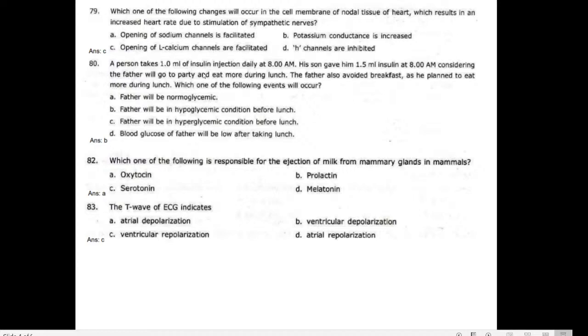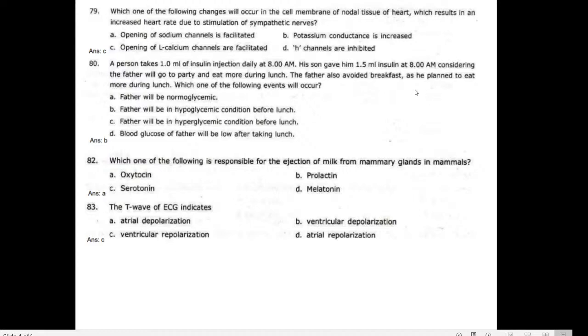Okay, then the next question. A person takes 1 ml of insulin injection daily at 8 a.m. His son gave him 1.5 ml of insulin at 8 a.m., considering the father would go to a party and eat more during lunch. The father also avoided breakfast, so there is no utilization of insulin.